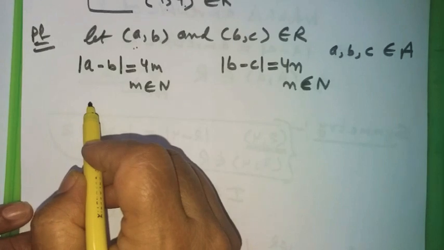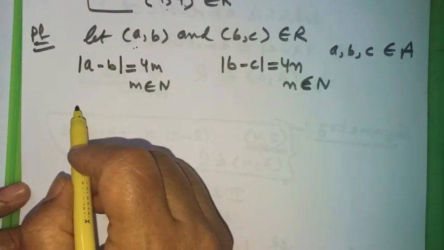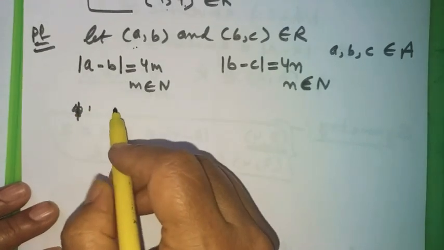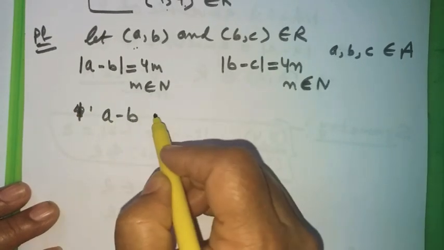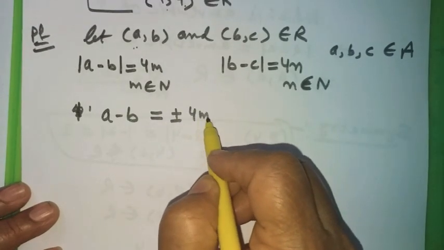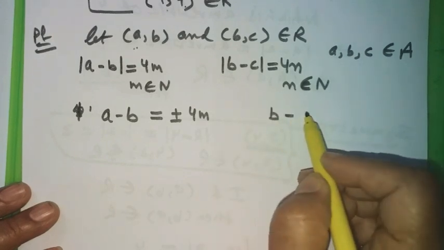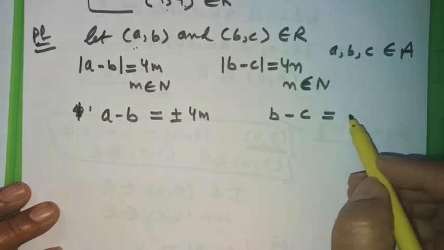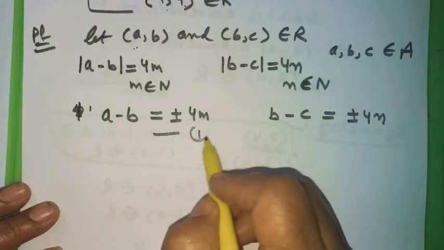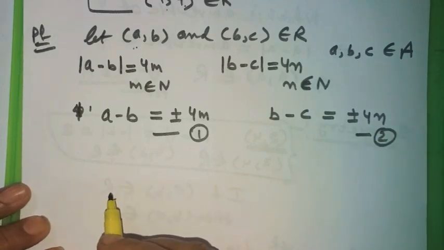Now students, you have already studied in your class 11, if you want to remove the modulus sign, then you write that A minus B is equal to plus minus 4m. Here also, to remove the modulus sign, you write B minus C is equal to plus minus 4n. This is equation number 1 and this is equation number 2.